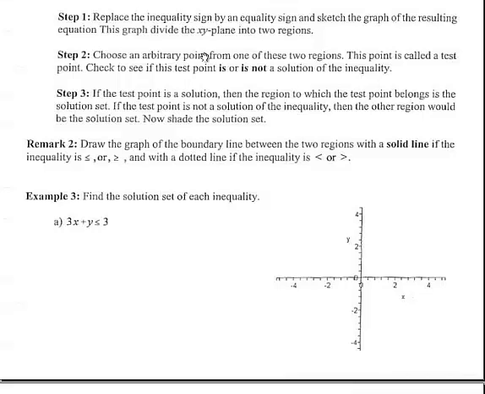Then what you want to do is choose arbitrary points from one of the 2 regions and test them, to check and see which one's going to be a solution and which one isn't. And then in the area where you pulled the test point from that actually is a solution, you shade that region. That region would represent our solution set.